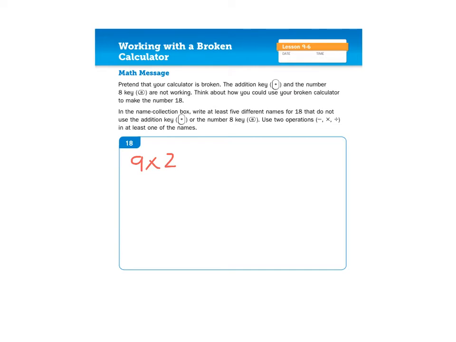So one thing I could do is 10 times 2, which is 20, take away 2, and that also equals 18. Now I want you to pause the video and try to write 5 other names for 18 on your own that do not use the number 8 and that do not use the plus sign. Good luck.